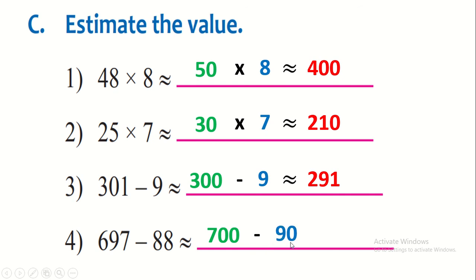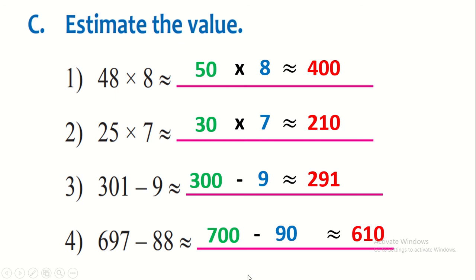You have 90. Now 700 minus 90, you have 610. Students, check your answer from number 1, 2, 3, and 4.